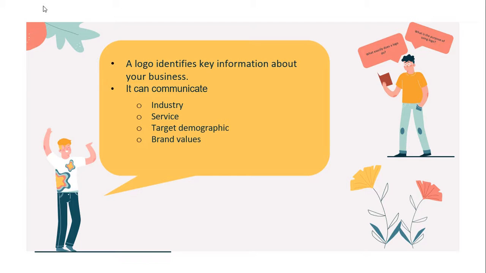For example, a company might use circuit imagery in their logo to show that they operate in the software industry, or they might use a specific color to communicate they're committed to being green and environmental, or they might use a stylish font to highlight that they are luxurious. Check out how Burger King uses an image of a burger bun with the text making the filling to show that their business specializes in fast food.